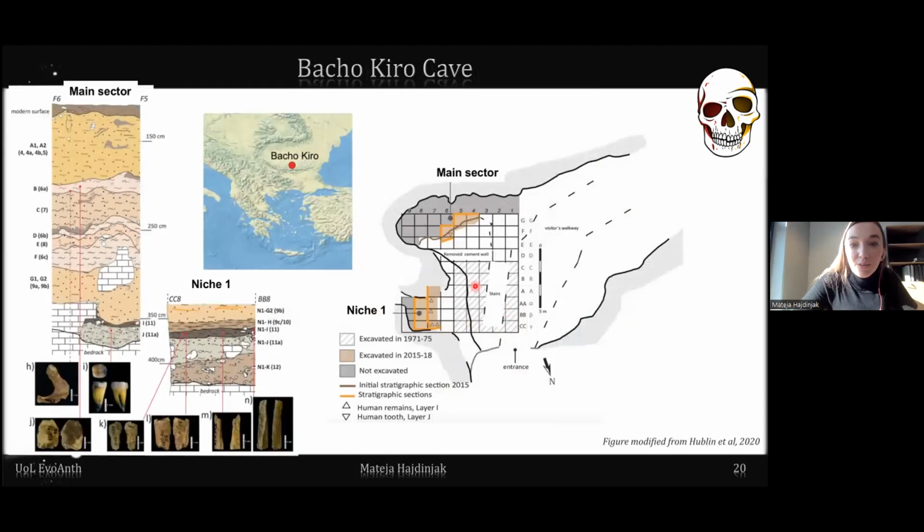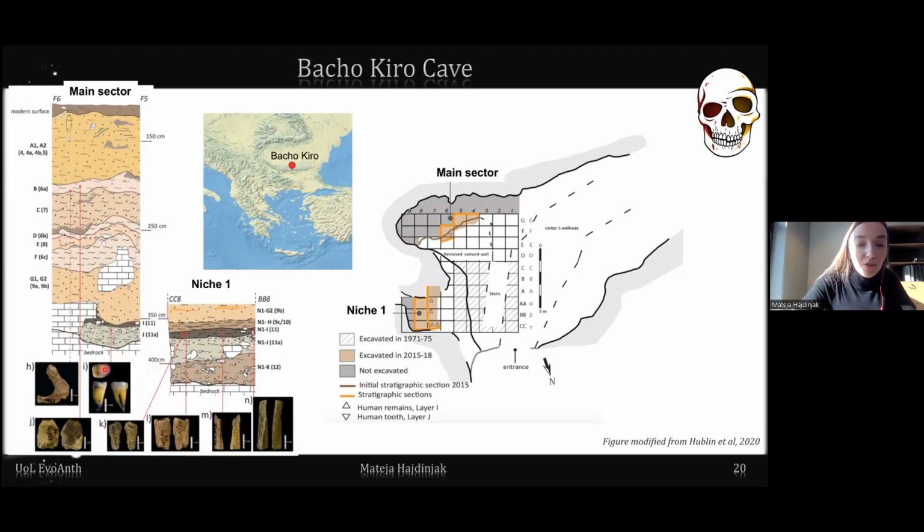So as I mentioned already, Bacho Kiro cave is a cave in present-day Bulgaria, and it has been excavated, the things I will be talking about today, between 2015 and 2018. And a number of hominin remains have been found along with one human tooth in layer I, which is the layer which contains this initial Upper Paleolithic archaeological assemblage, and which have been directly radiocarbon dated to around 45,000 cal BP.